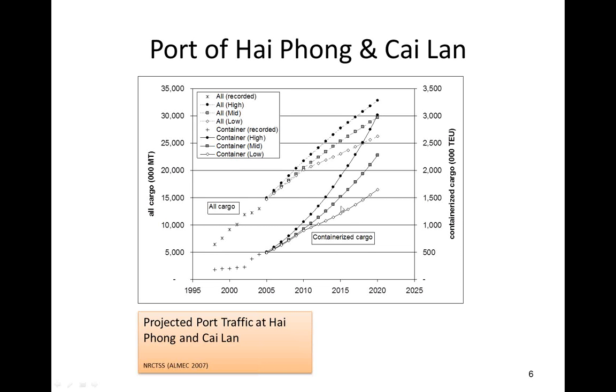So this gives us a way to prioritize investments and also determine the scale of investments and the nature of investments. So in this particular case, we need to move away from bulk shipping or palletized shipping services towards containerized shipping services. So this gives you a snapshot of how useful a transport demand forecast model is.